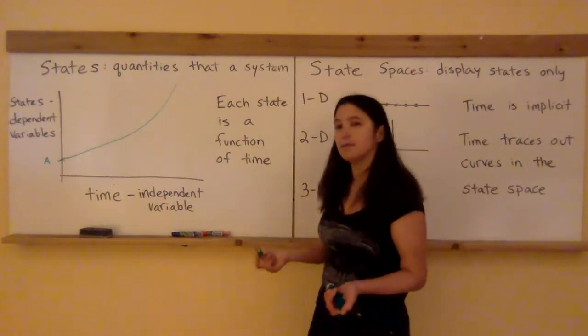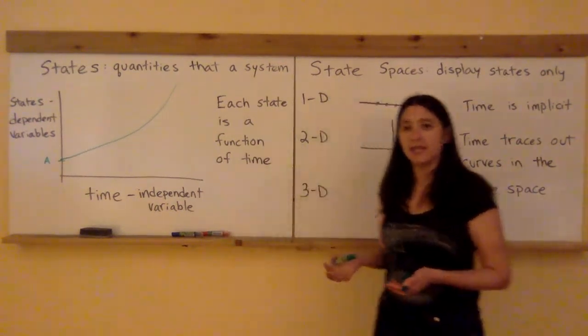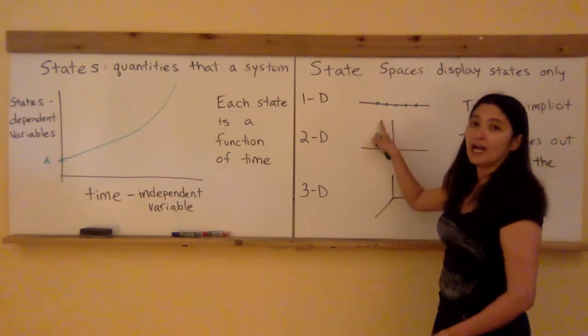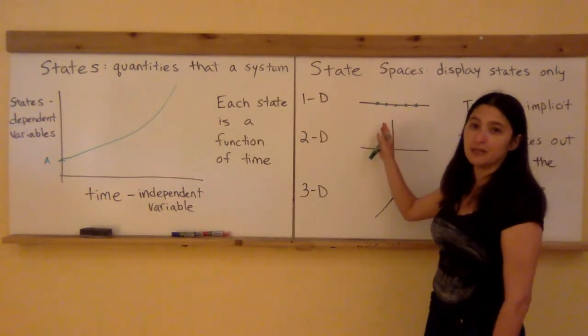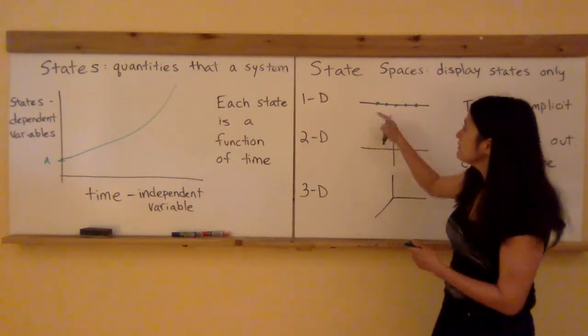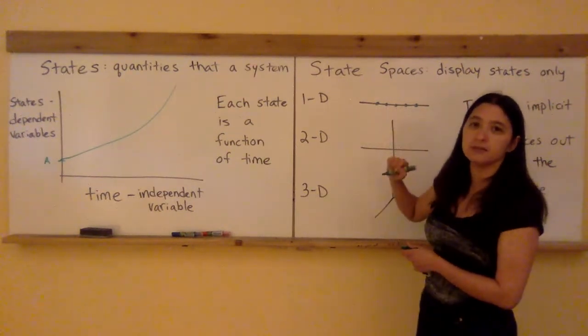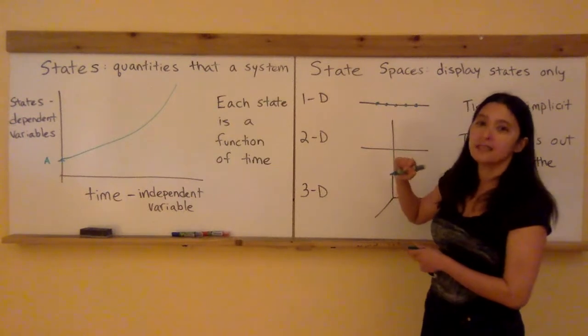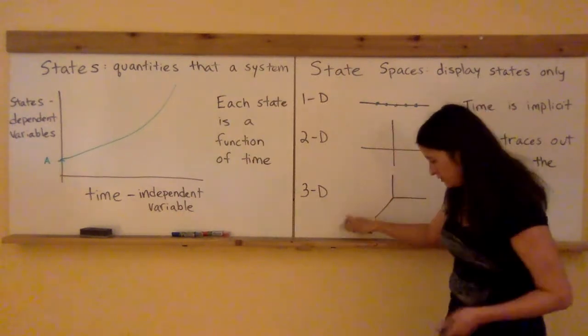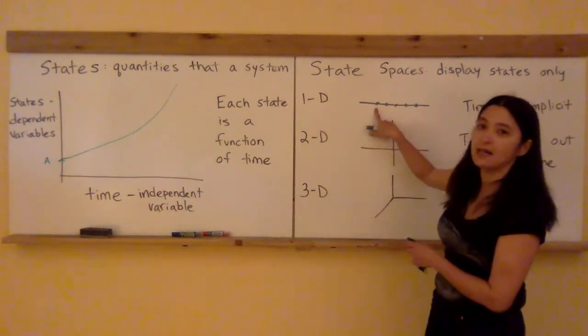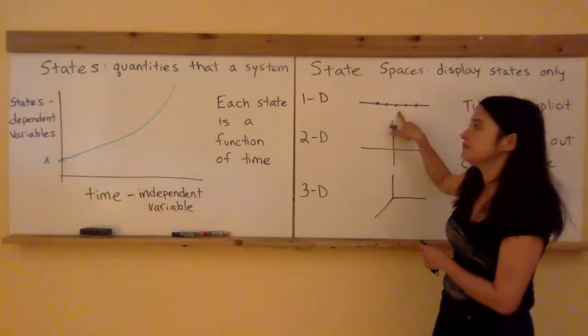Okay, that's pretty simple, but just to make sure you understand, time is not actually explicitly displayed on this graph. Each one of these points is describing the state of the same variable, number of alligators, but at different points of time. So you can see that this might be time 0, time 1, time 2, etc.